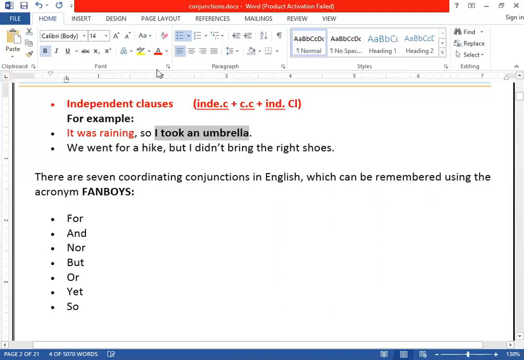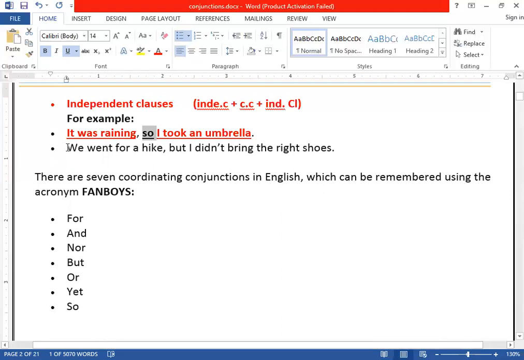It gives us complete meaning again. So we have connected two clauses together with "so". What type of conjunction is it? This is called a coordinating conjunction. With its help we have joined two clauses, and both clauses are independent clauses. Clear?